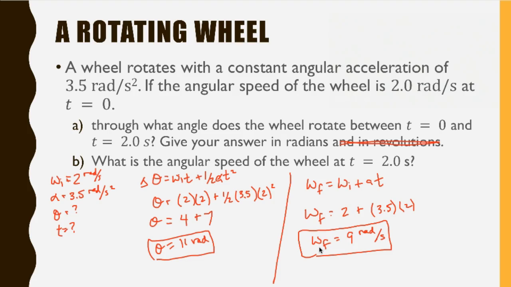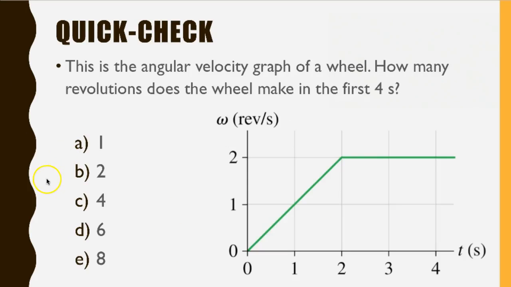Okay, and the last one on here is this quick trick. So here we have a graph. This is a graph of angular velocity versus time. And as you can probably understand from your intuition, this graph is going to have very similar properties to the graph we looked at before that showed velocity in time from the first part of this year.